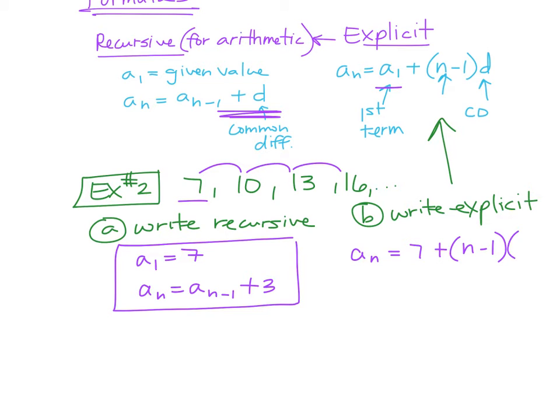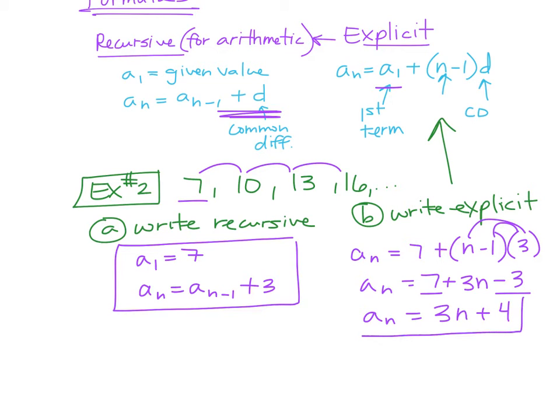Times 3. Okay, now here's the deal with this. We want it simplified. This is so simplifiable, right? We just need to distribute this. So a sub n equals 7 plus 3n minus 3, and then simplify here. A sub n equals 3n plus 4. So your explicit formula, as simplified as we can make it, is that. Okay?